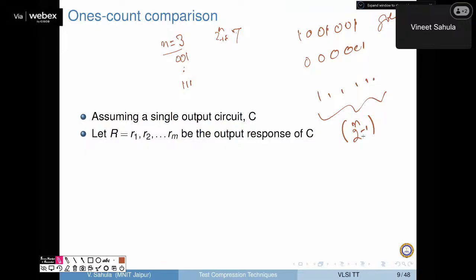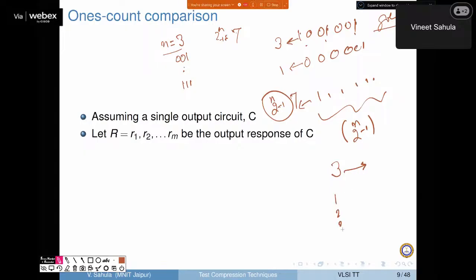So to compress this golden, I just count the number of ones present here, which is 3. The number of ones here is 1. Here it is 7. So I can go maximum up to 2 to the power n minus 1, which is 7. So I have so many numbers: 3 is my golden correct output, and I have 1, 2, 4, 5, 6, 7. They all correspond to the faulty signatures.